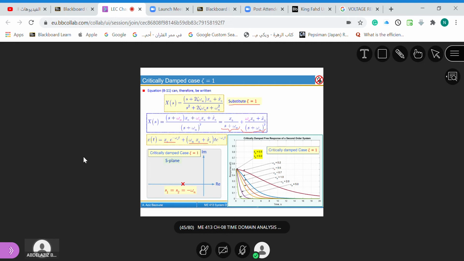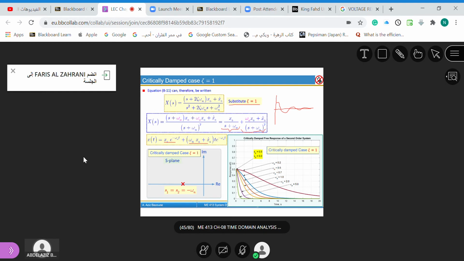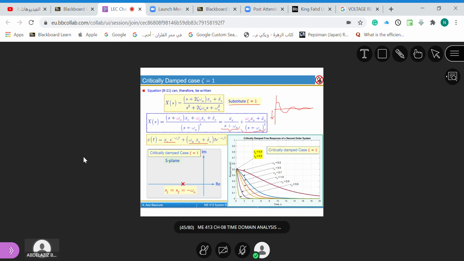For the underdamped case, the response was going this way, but here it will not go below this line. It will just go to the steady state without oscillating.